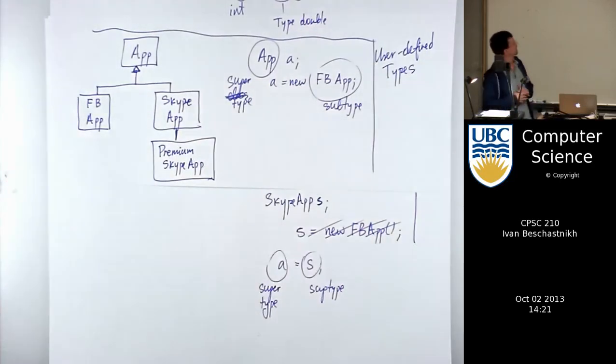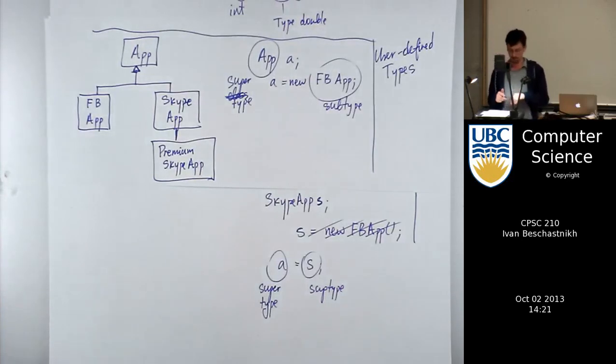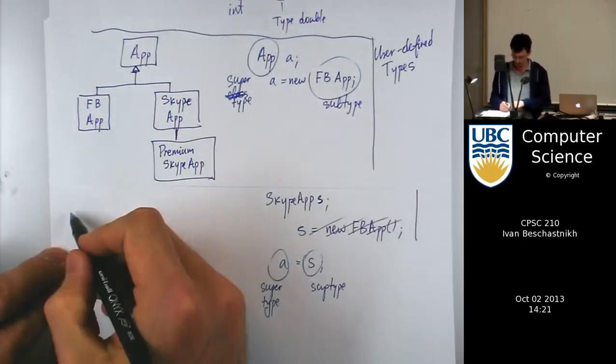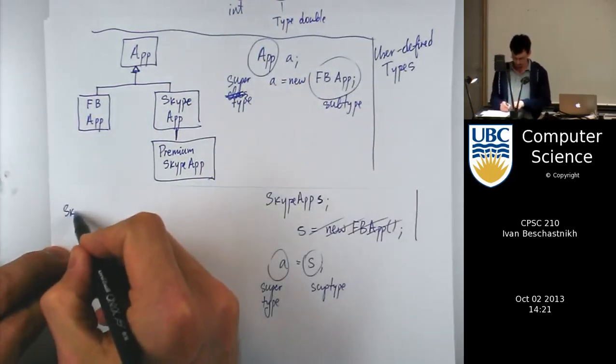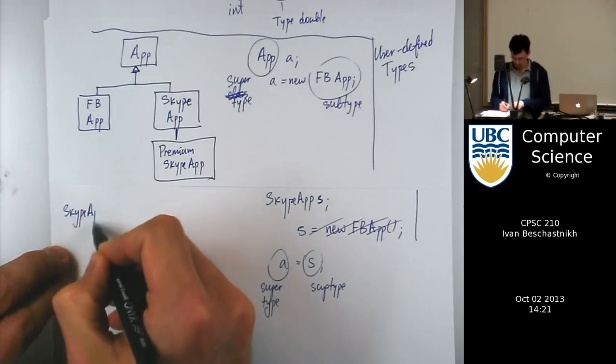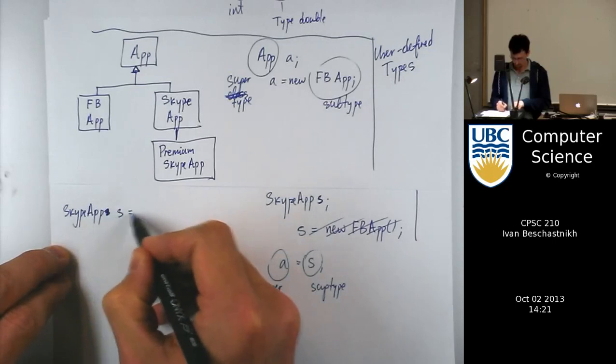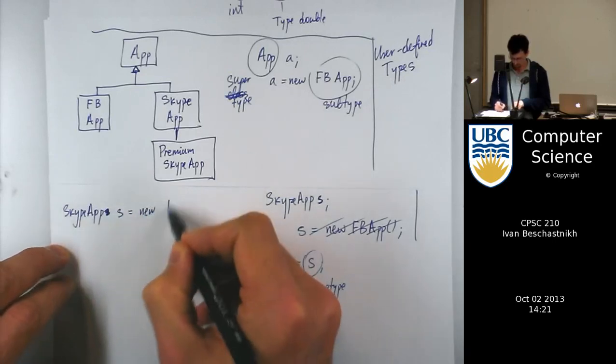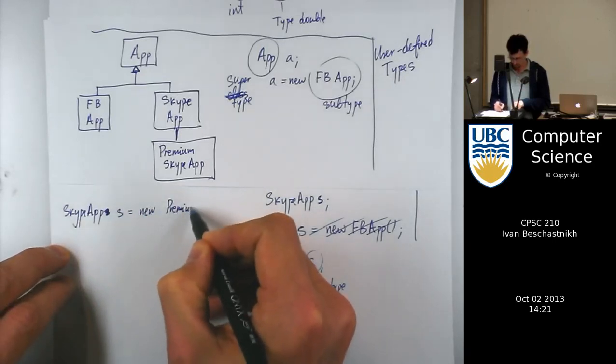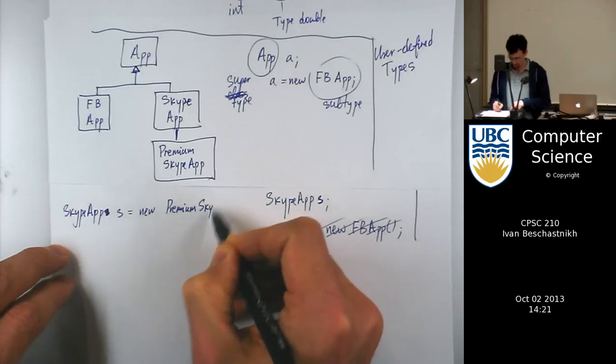So my type hierarchy got more complex all of a sudden. And now I want to say something like Skype app equals new premium Skype app.